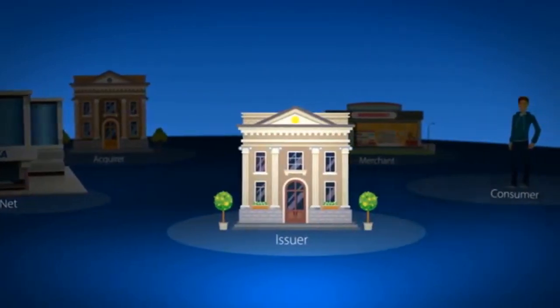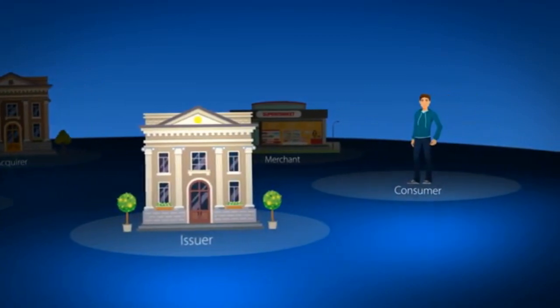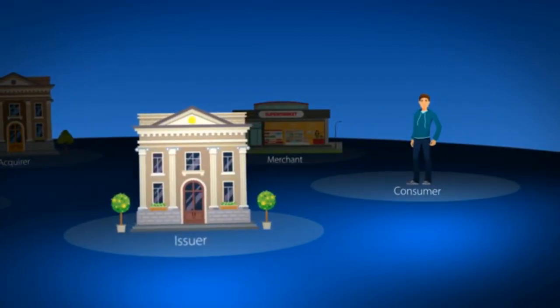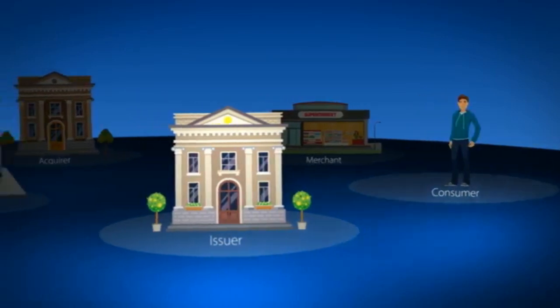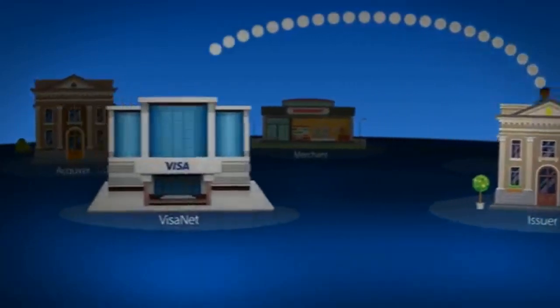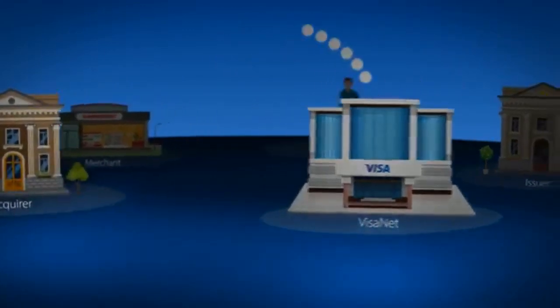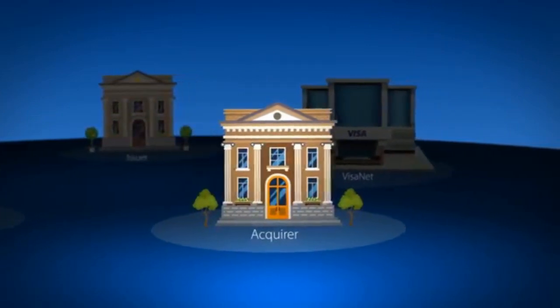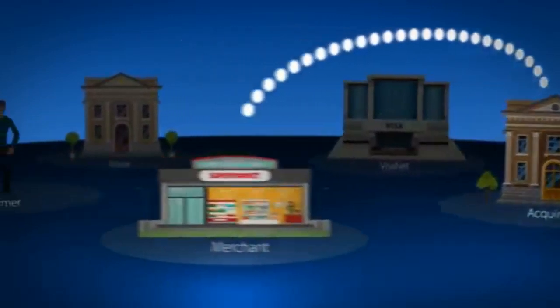When the message is received, the issuer will check the balance on the consumer's account to see if sufficient funds are available to cover the total amount of the transaction. If there is enough money in the account, the issuer will place a hold on these funds and then send the message back to VisaNet. VisaNet will route the approval message to the acquirer. The acquirer receives the details of the transaction and then sends the issuer's approval to the merchant.